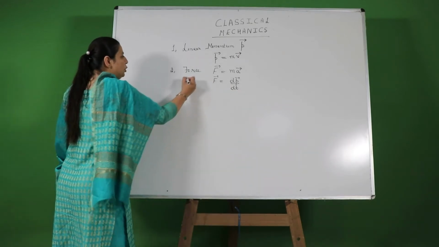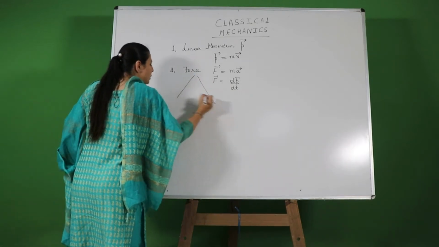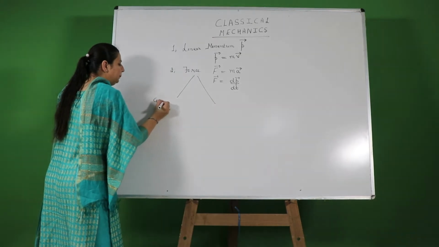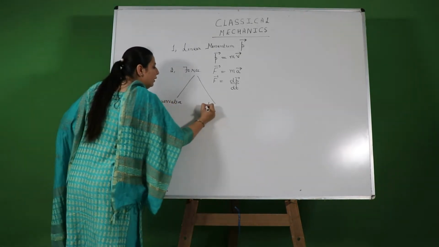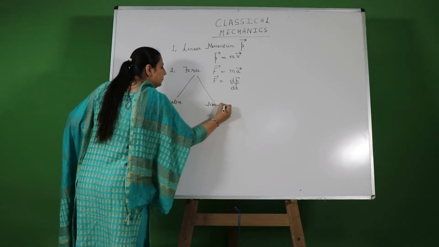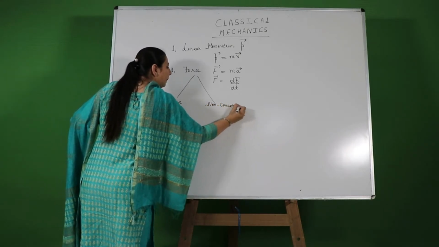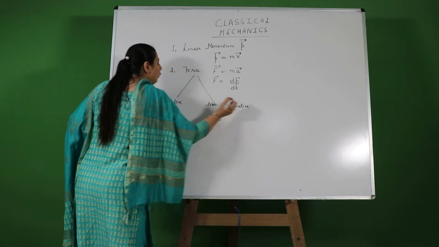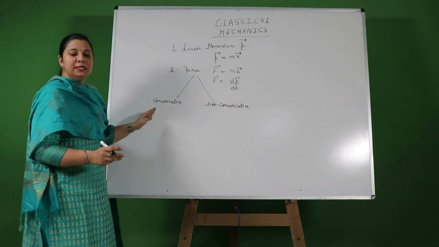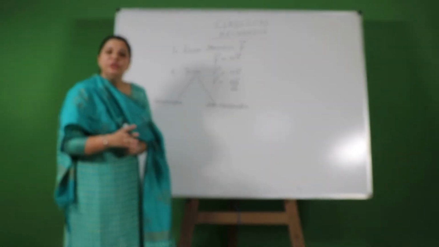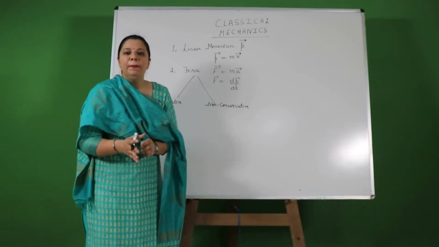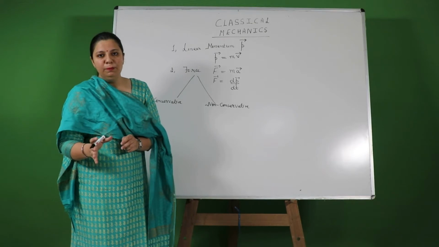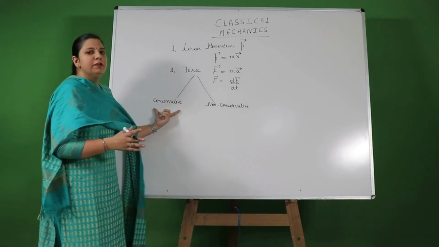Now force is of two types. First is conservative force and the other one is non-conservative force. What we mean by conservative forces: those forces for which the work done is independent of the path and depends only upon the initial and the final position are called conservative forces.